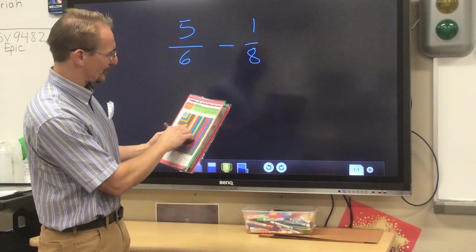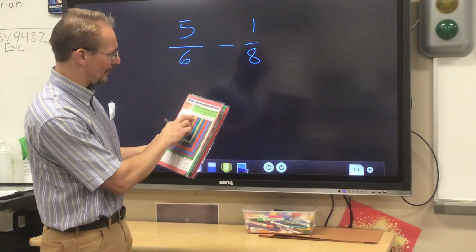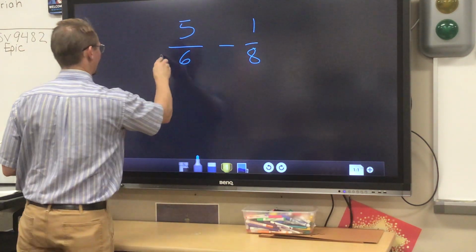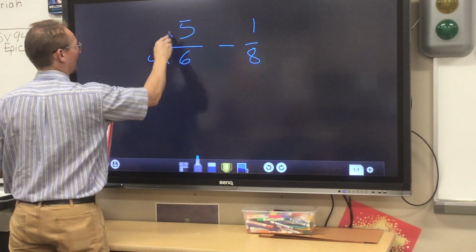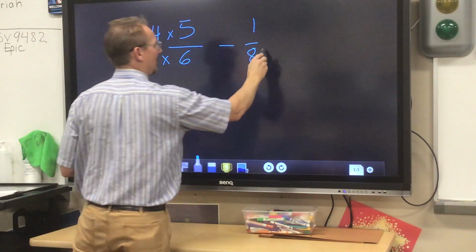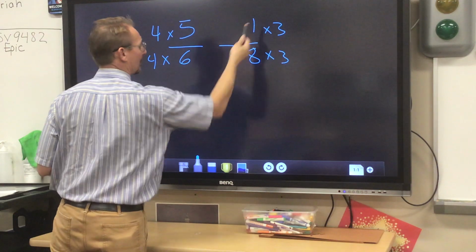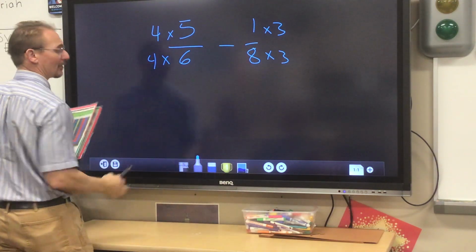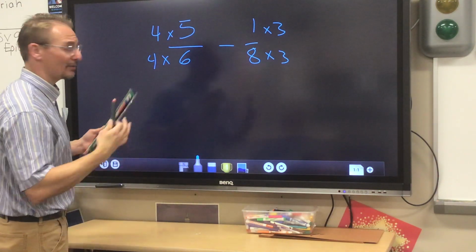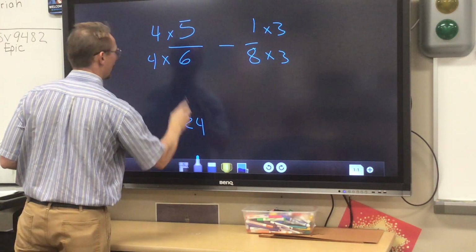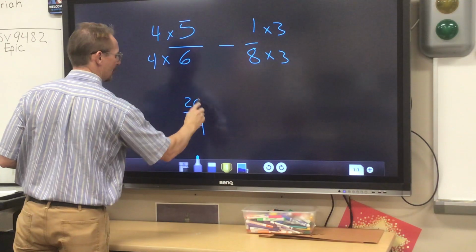So I'm looking down my 6's, I'm looking down my 8's, looking for any numbers they have in common. They both have a 24. So the 6 times 4 becomes 24, and the 8 times 3 becomes 24. And again, whatever I do on bottom, I've got to do on top. Keep the fractions the same, they just are going to look different. 4 times 5 is 20.